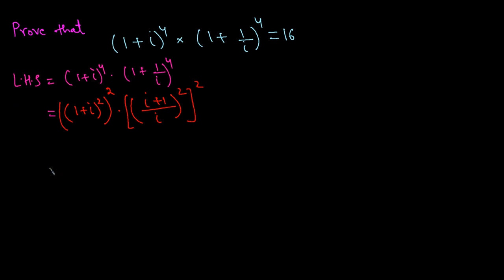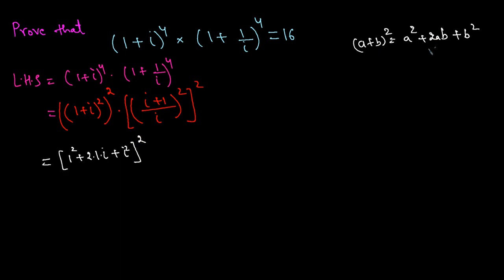Okay, so now I'm going to use the equality (a plus b) square is a square plus 2ab plus b square. All right, so let's use that here. So this gives me 1 square plus 2 times 1 times iota plus iota square, okay, whole square.